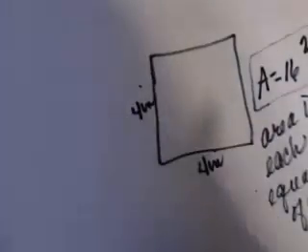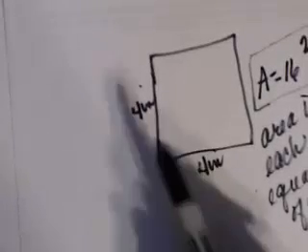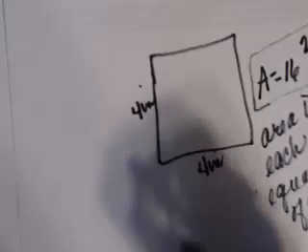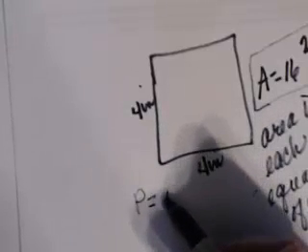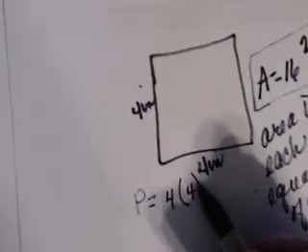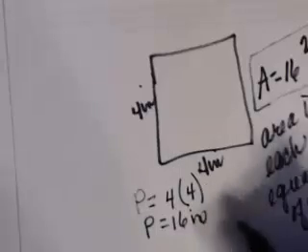But what about the perimeter? If your tangram is 4 inches by 4 inches, then the perimeter is 4 times 4, or 16 inches.